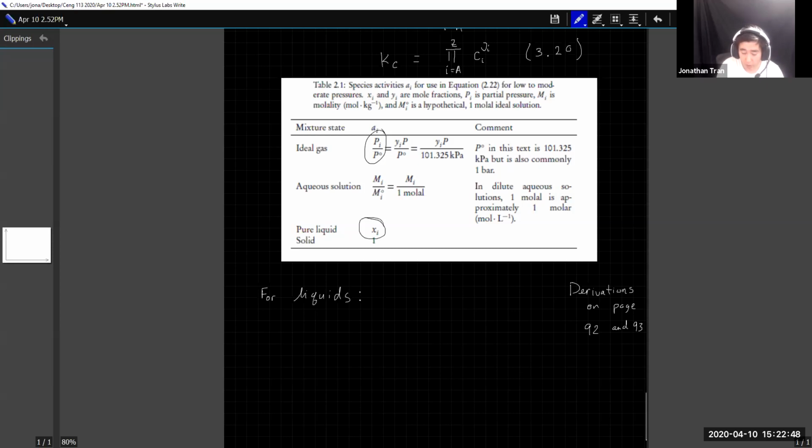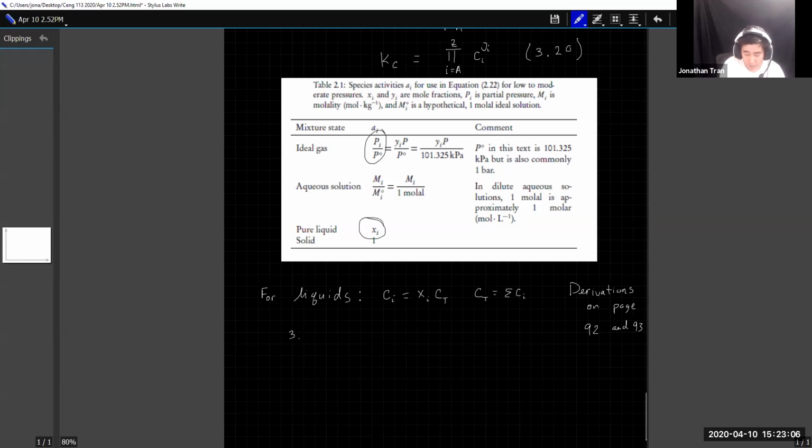Basically, we start with knowing that the concentration C sub I is equal to the mole fraction times the total. Here again, CT, in case you forget, is the summation of individual C sub I's.